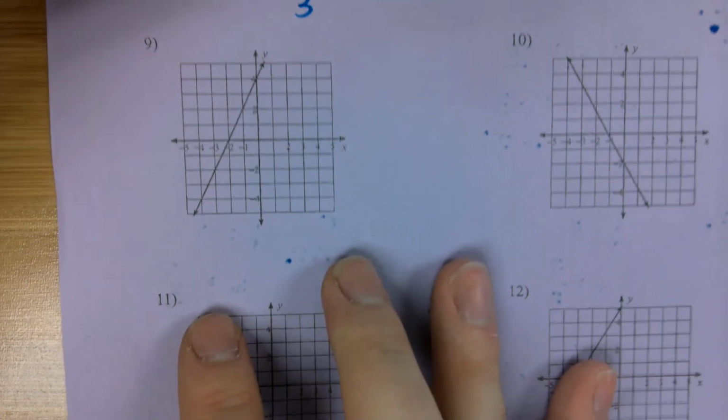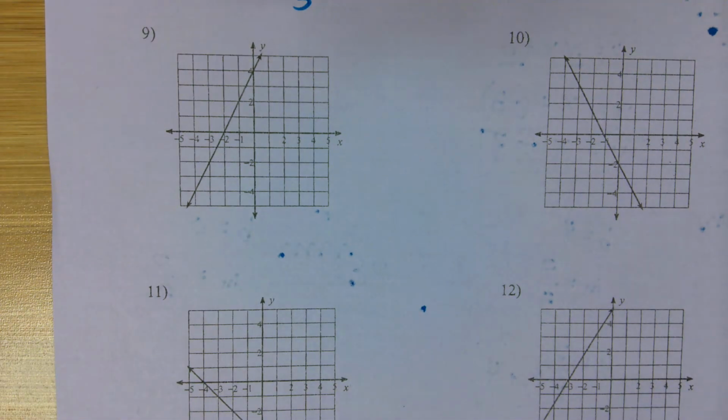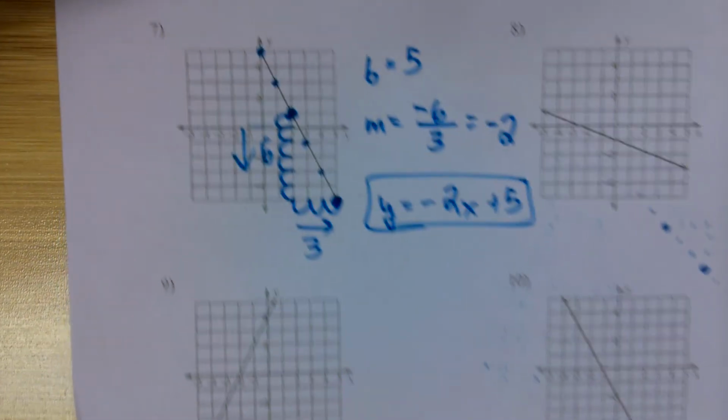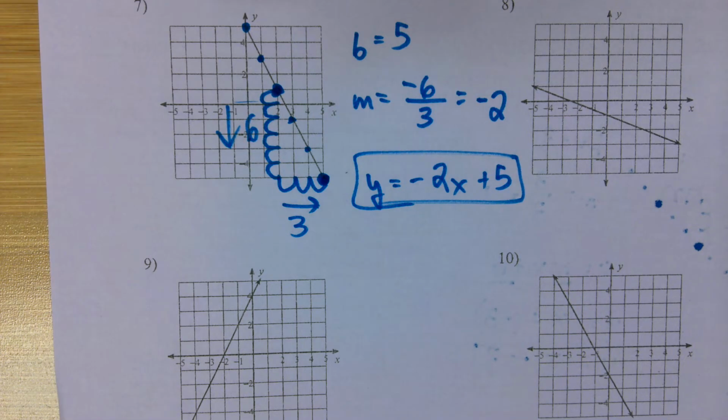Going down to number 9. Wait, how do we go from 7 to 9? We're only doing the odd numbered ones. We're only reviewing the odd numbered ones. We did 4 because there was a specific question about it, but I didn't finish 4 because you guys can do that on your own. All right?